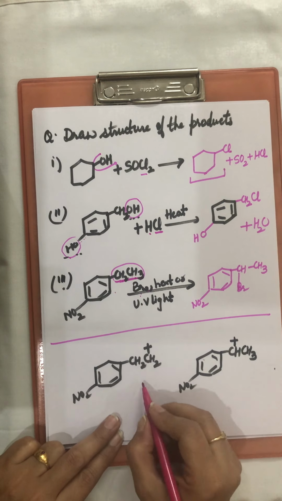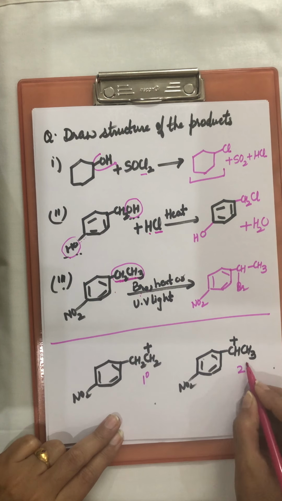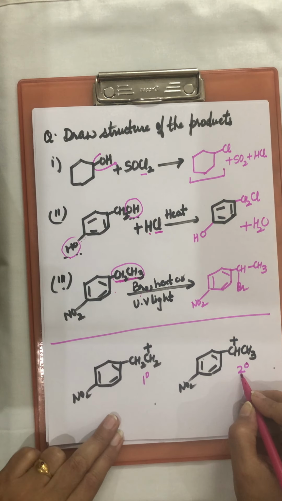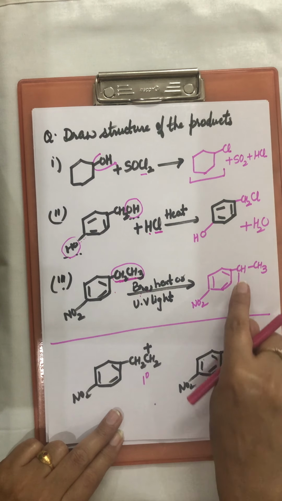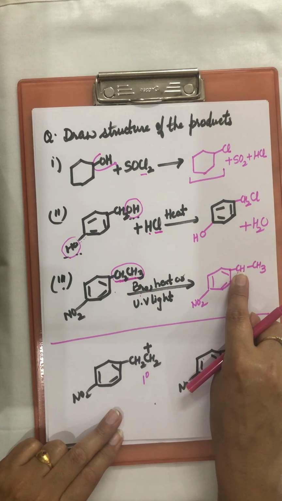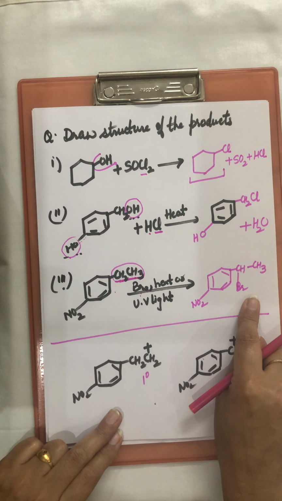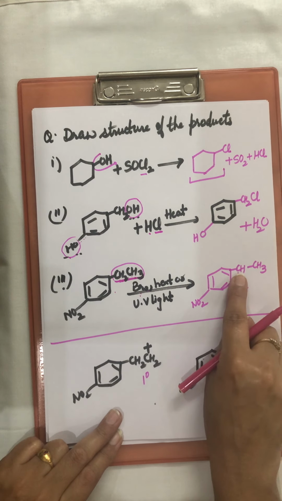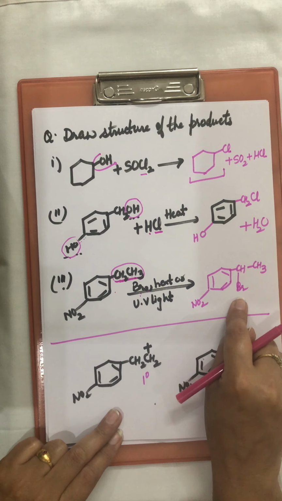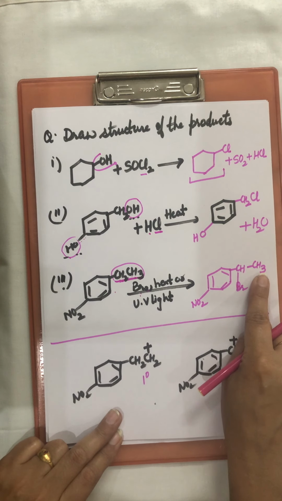This is a primary carbocation, this is a secondary carbocation, and we know secondary carbocations are more stable. So since here a secondary carbocation will form, which is more stable, the reaction will go towards the stable side. That is why this carbon's hydrogen will be substituted by halogen, and not the primary carbon's hydrogen.